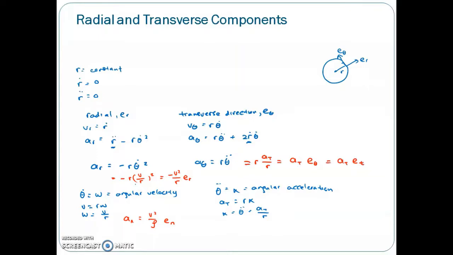radial and transverse components, or it's more convenient to express it in terms of tangential and normal components, because here our radius is not a function of time, it doesn't change, it is constant over time.